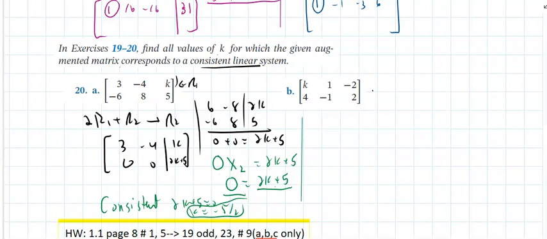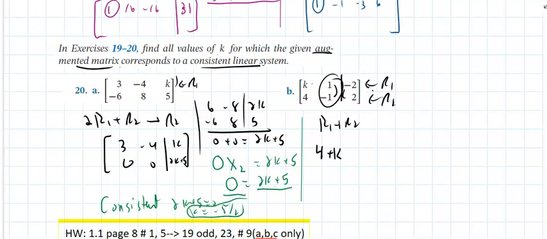Similarly, if I take this and I start by saying, well, let's see, if I add them, those cancel out. If I just take row 1 plus row 2, this is row 1 again, and this is row 2. Wouldn't I get, and again, there's the equal, right? This is an augmented matrix. So if I add those, I'll get 4 plus k, that's a 0, equal a 0.